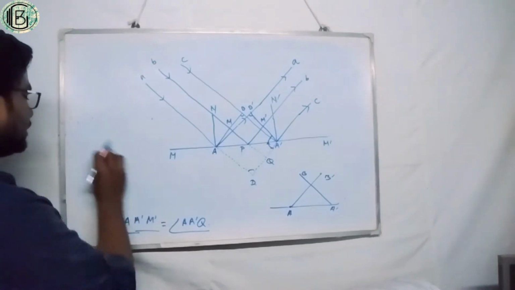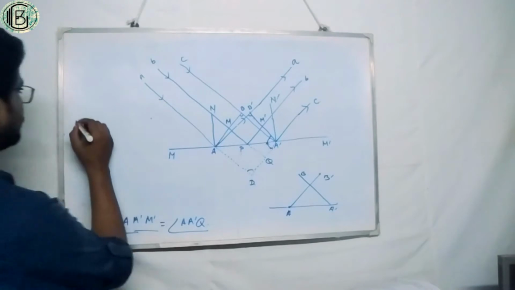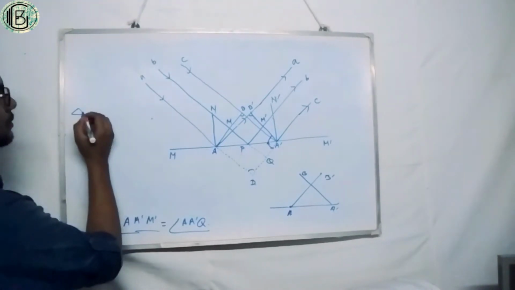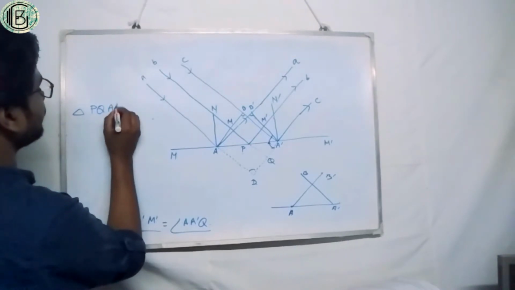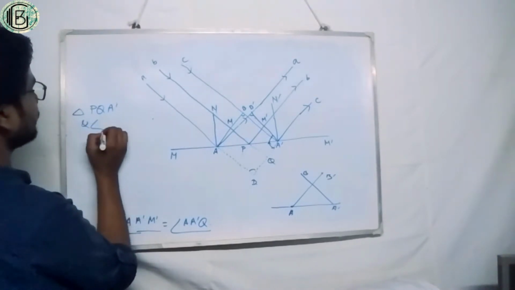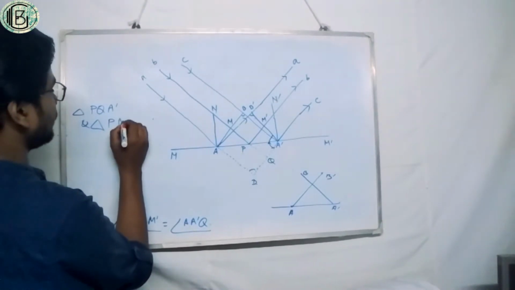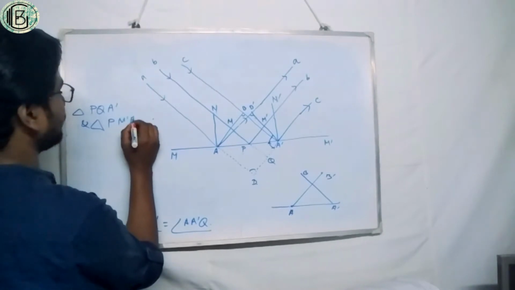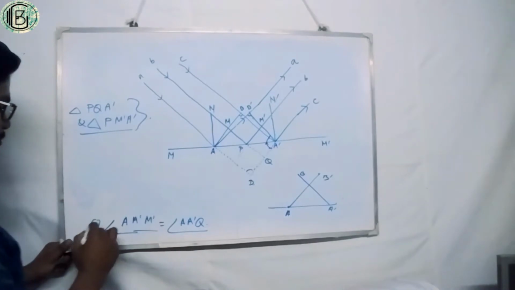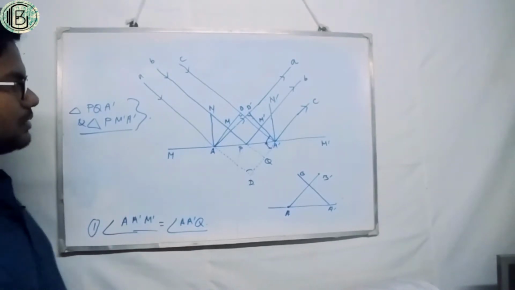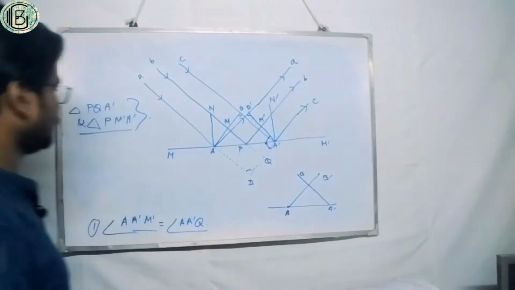Now what are these triangles? The triangles are triangle PQA prime and triangle PM prime A prime. So we will compare these triangles. Now the first one is already proved, that these angles PQA prime and PA prime M prime are equal.